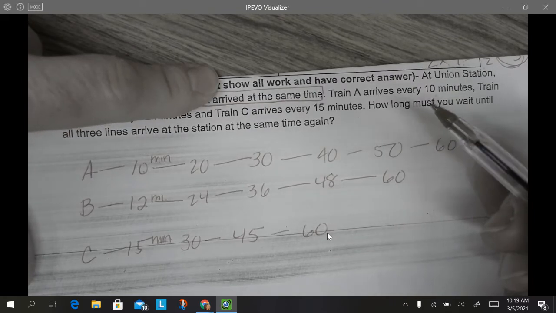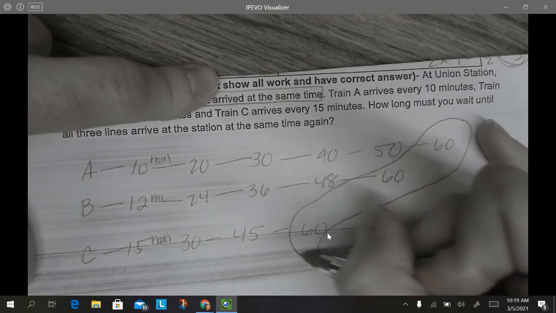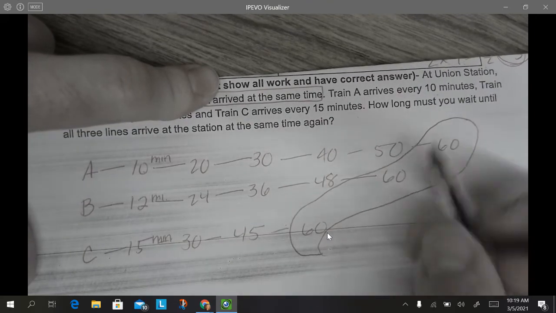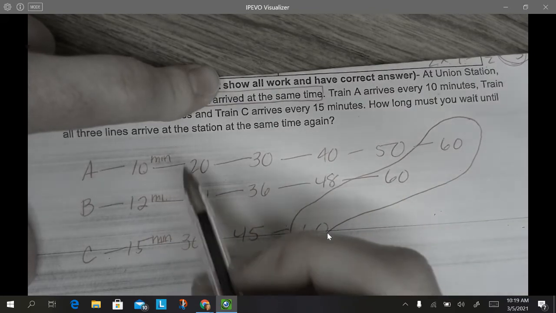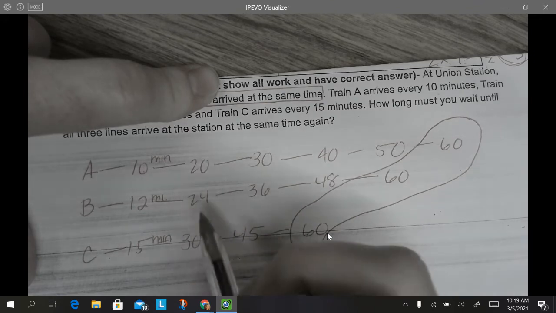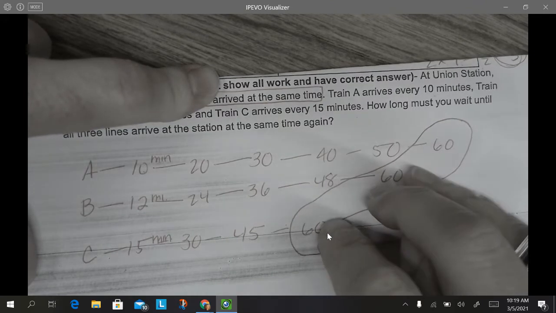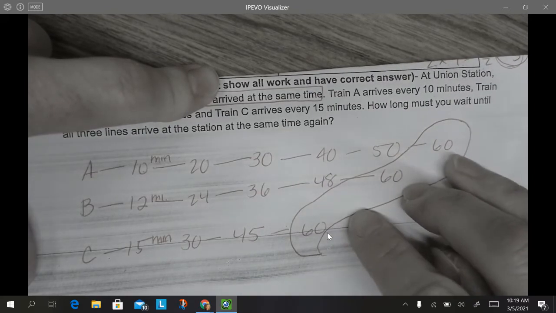They're going to meet at that 60-minute mark, because until then, they're at different times. So that's the only thing you want to think about: when you would see them together. And they end up being together at 60 minutes.